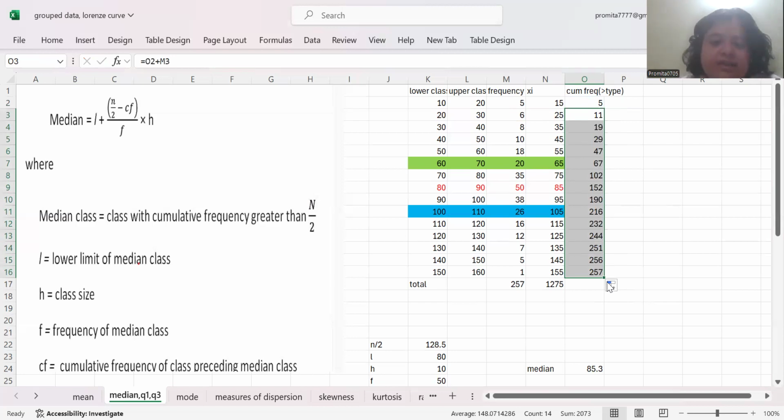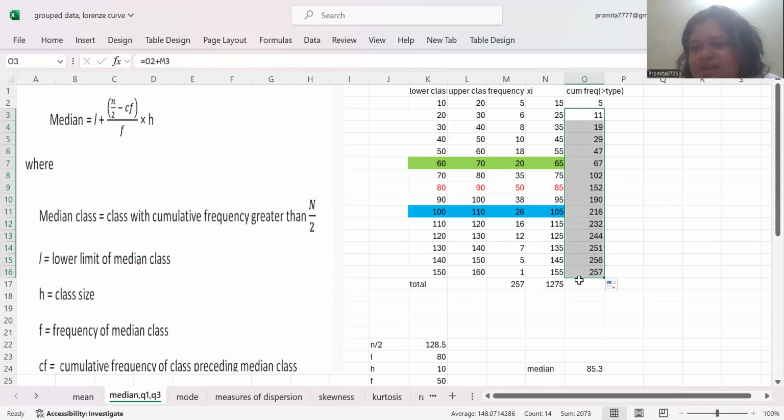Next, we have to calculate the median class. Here, the total number of observations is 257, so n by 2 is something around 130.